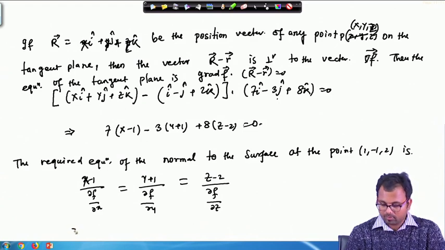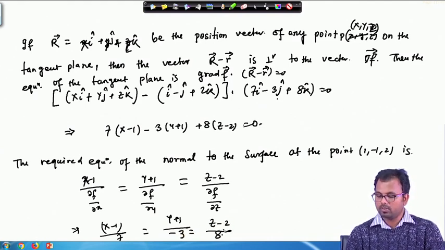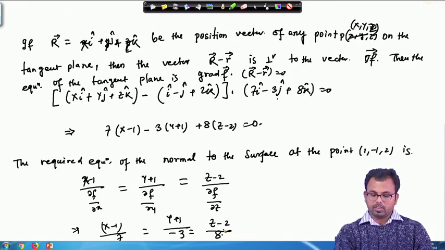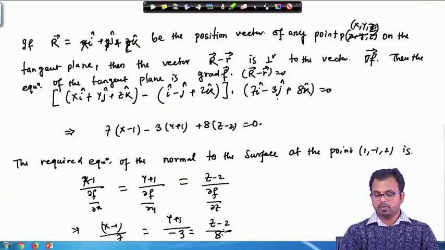And now, del f del x is basically our 7, del f del y is minus 3, and del f del z is 8. So basically, these two: this is the equation of the tangent plane, this is the equation of the normal, and these two we had to calculate.